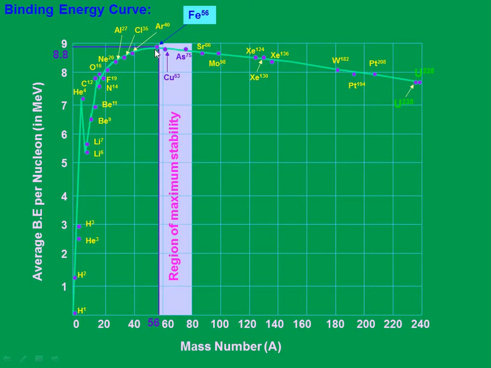That is the region of maximum stability, which means the nuclei in that region have greater stability. So we call it the region of maximum stability. Are you getting the point here? Okay? Right.